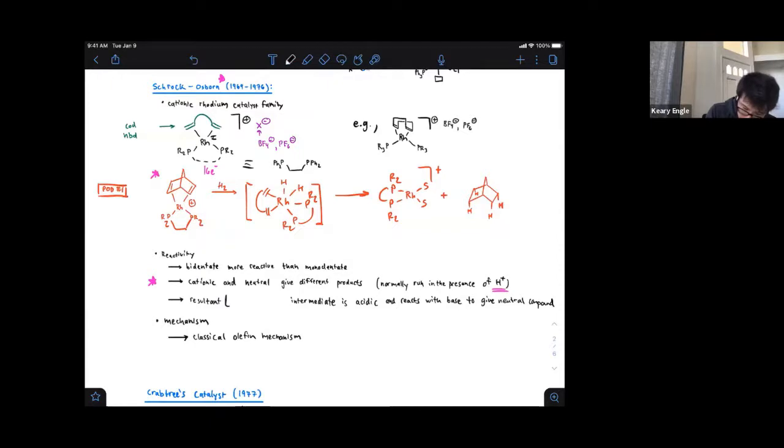And so the propagating species is this rhodium L2, S2, two solvent species. And this is believed to involve a classical olefin-based mechanism.